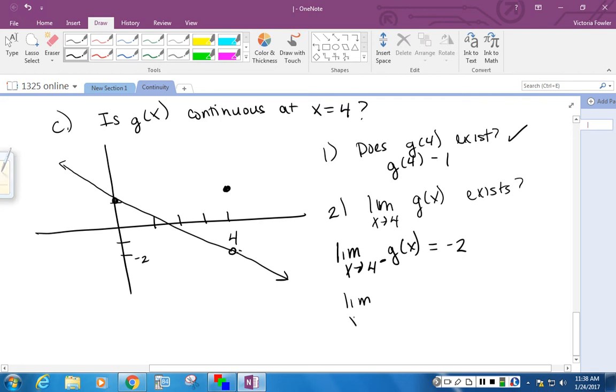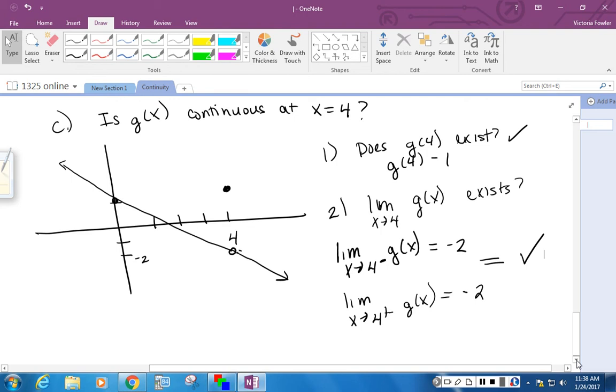I will now approach 4 from the right. When I'm approaching x equals 4 from the right, I'm tracing along this graph, and again, it looks like I'm approaching the y value of -2. So it appears that my limit as x approaches 4 exists, and it's equal to -2.